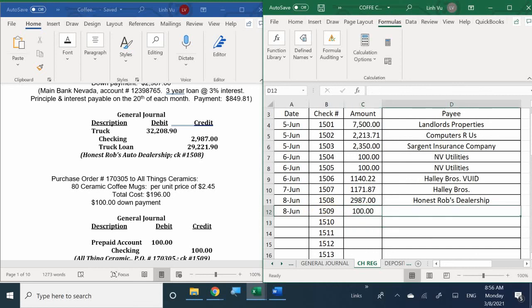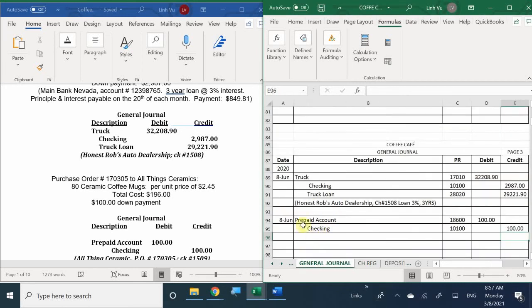And who was my vendor? All Things Ceramics. So now I'm sure I wrote check number 1509.